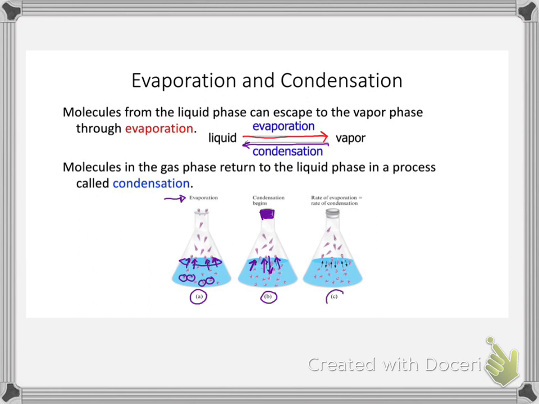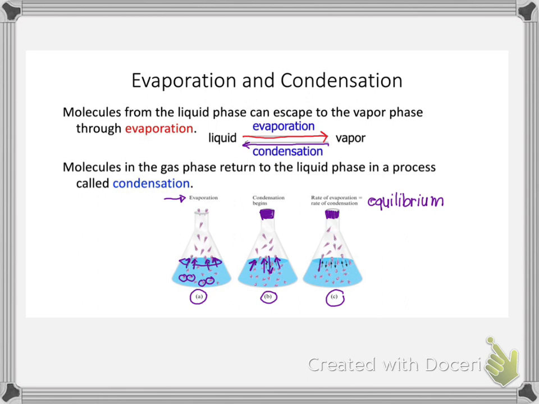And then finally, this letter C, which is still the closed container, but over time, it's reached what's called an equilibrium. You may not be able to see the little words on the screen, but it says the rate of evaporation equals the rate of condensation. So eventually, if you leave a container closed, how fast it's evaporating equals how fast it's condensing.